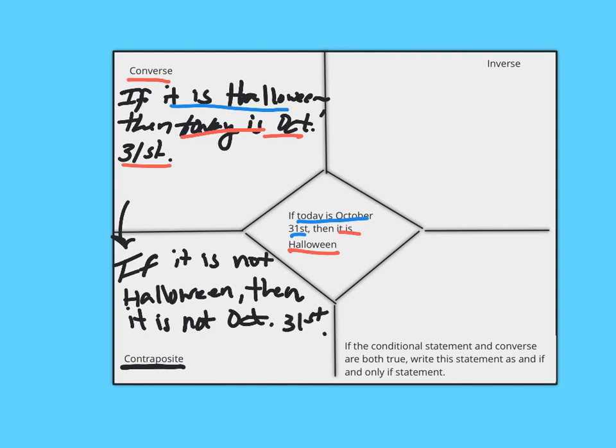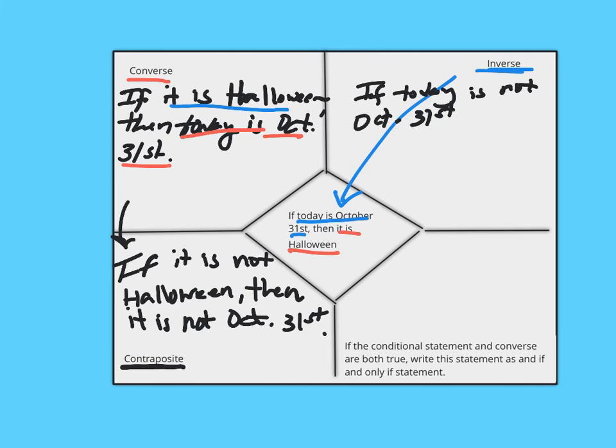And now I'm going to move over to my inverse. The inverse is going to go back to my original conditional, and it's just going to negate the hypothesis and the conclusion. So it's going to say, if today is not October 31st, then it is not Halloween.